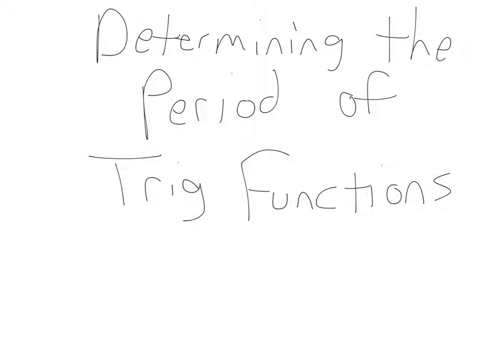Alright, now we'll go over how to determine the period of trig functions. Remember, the period is just how far you have to go on the x-axis till the trig function starts repeating itself. I'm going to illustrate the concept of the period with the sine function.